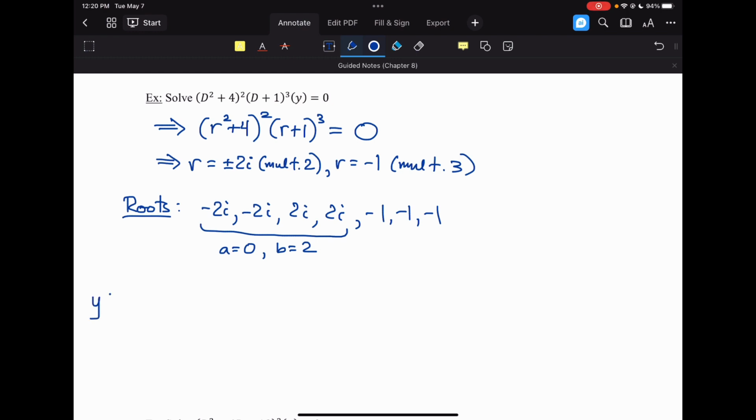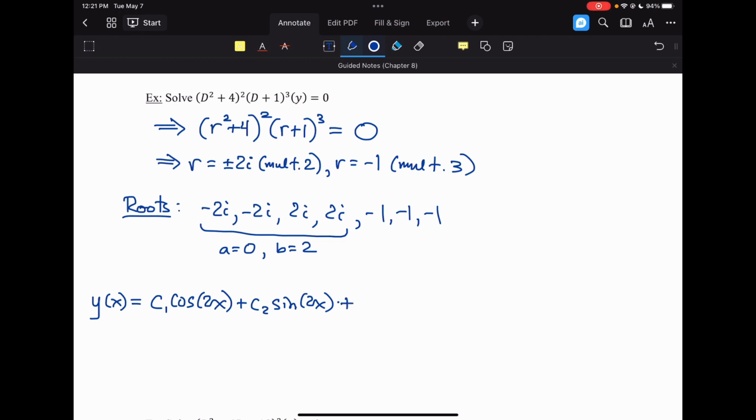So our general solution is going to be, for the complex, c1 cosine of 2x plus c2 sine of 2x. Okay, so that's the first pair.